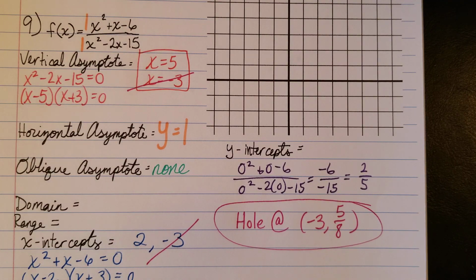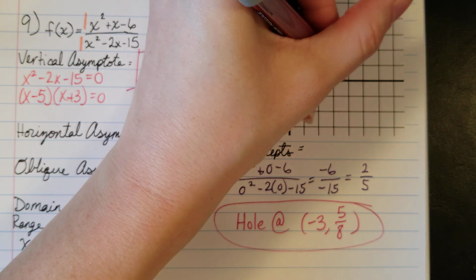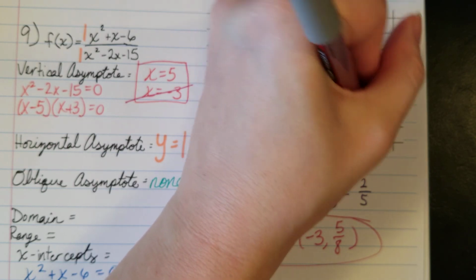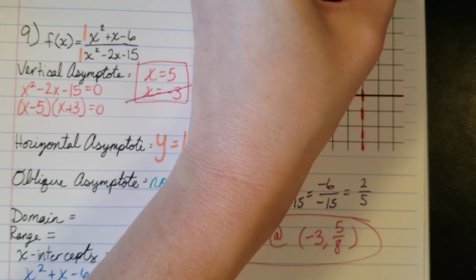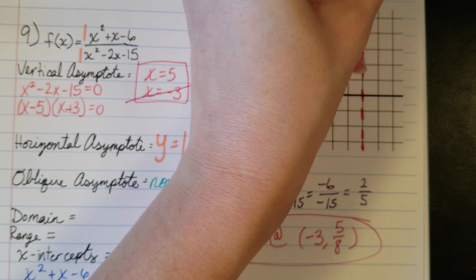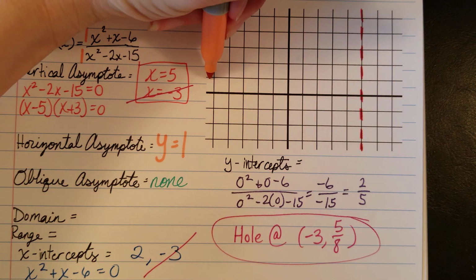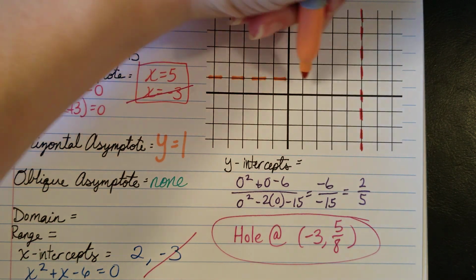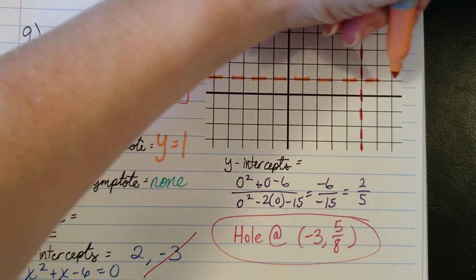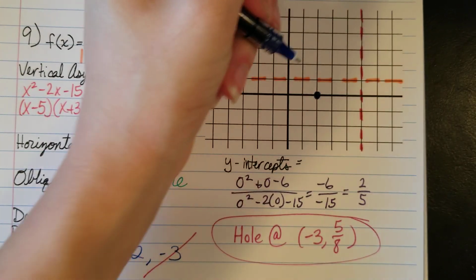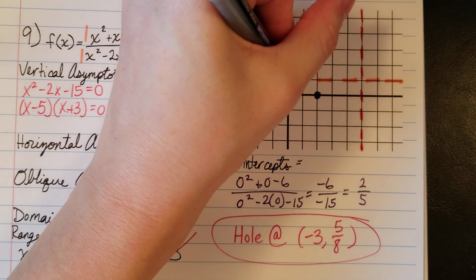So we have a vertical asymptote at 5. And then we have a horizontal asymptote at 1. And then we have an x-intercept at 2 and a y-intercept at 2/5.